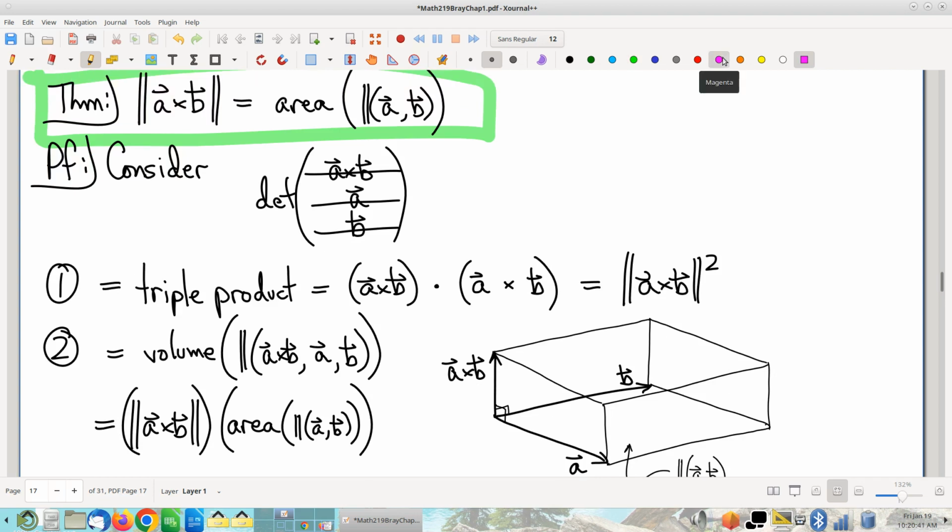So specifically, if you have two vectors A and B, like so down here, the parallelogram created by those two vectors is this, like this here. All right, so the magnitude of that cross product tells you the area of that parallelogram. Really surprising how that works out.